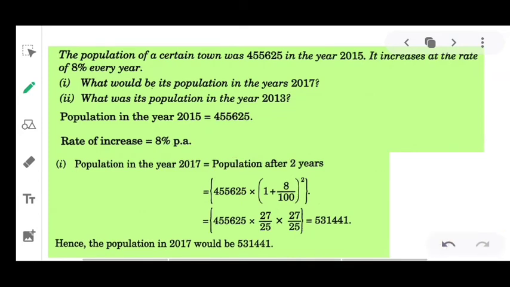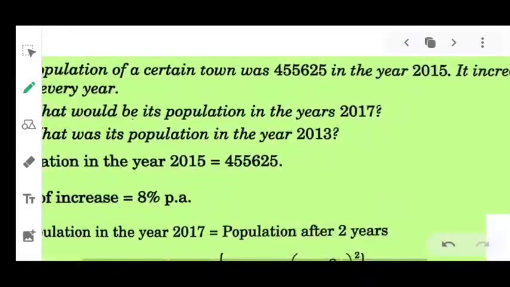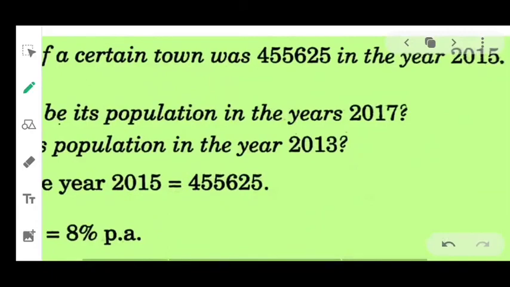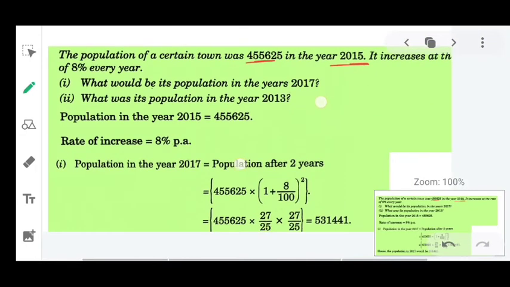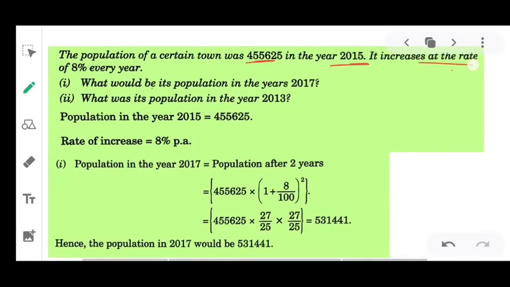Next example, the population of a certain town was 4,55,625 in the year 2015. It increases at the rate of 8% every year. Okay, so what would be its population in the year 2017 and what was its population in the year 2013?